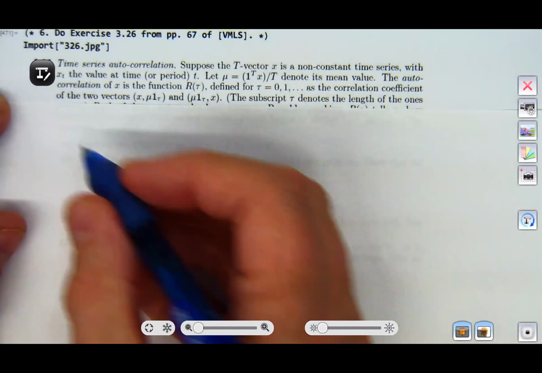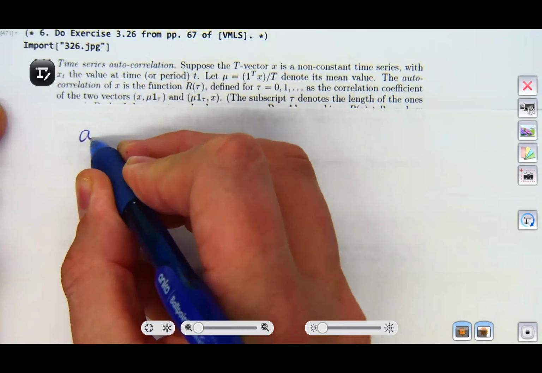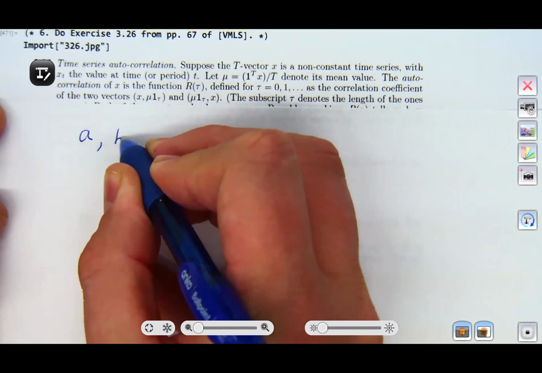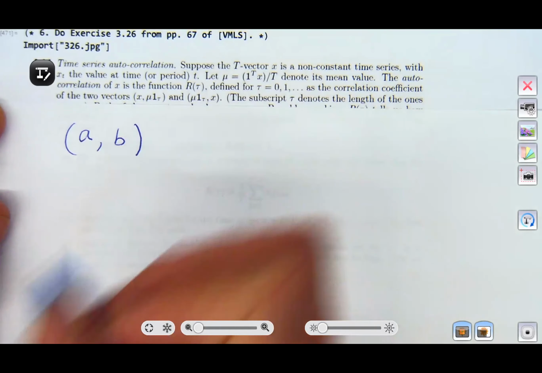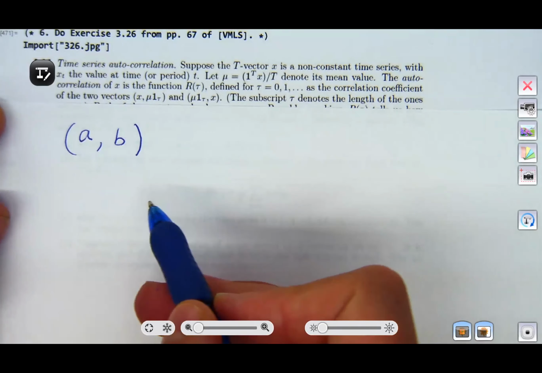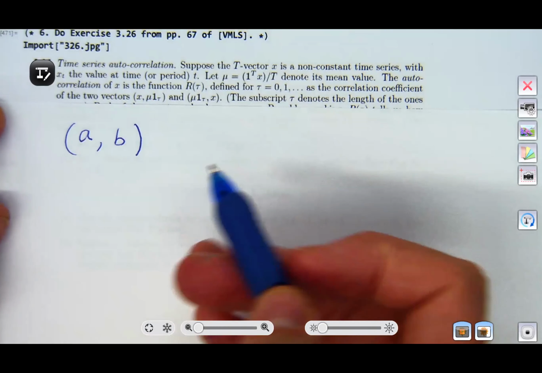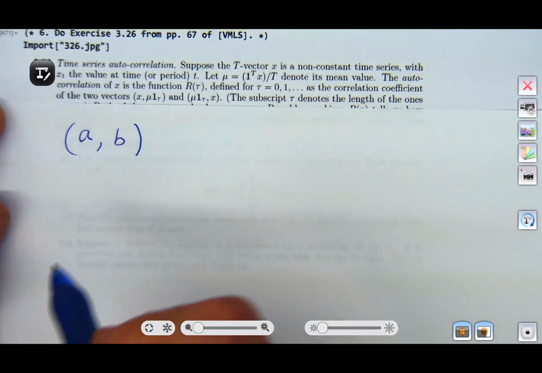First of all, I'll give a definition. Let's imagine we've got two vectors, A and B. Now ordinarily this kind of notation would refer to the inner product, the dot product. But in this context, it doesn't mean that.